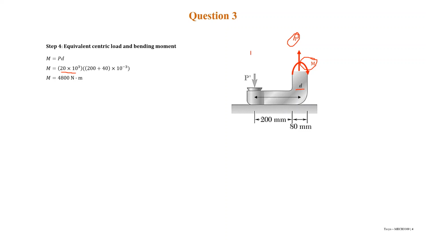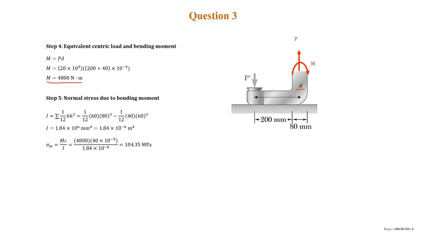The figure is like this, right? P is here, so the D is 200 plus the middle of this, which is 40. From here to here, 240, multiplied by 10 to the power of minus 3 because it is millimeter. And we found that the M is 4,800 Newton meter.